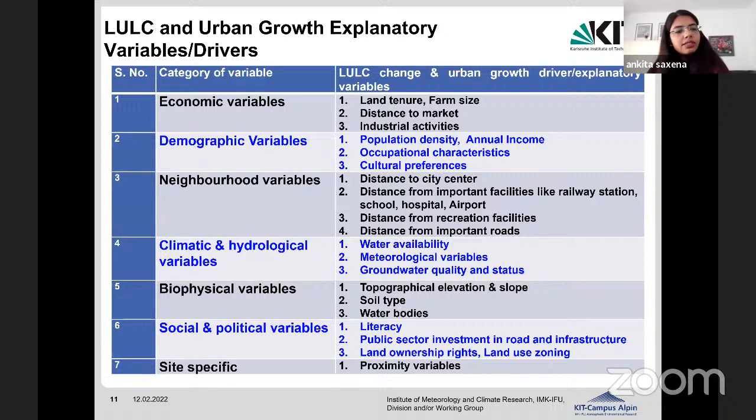So lots of variables are involved in driving urbanization. There are economic variables.